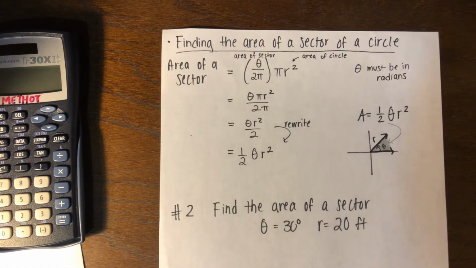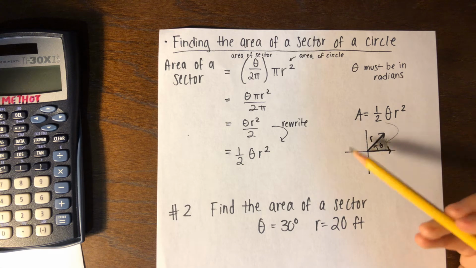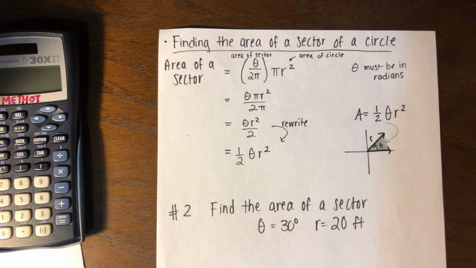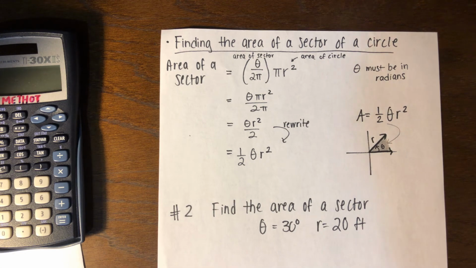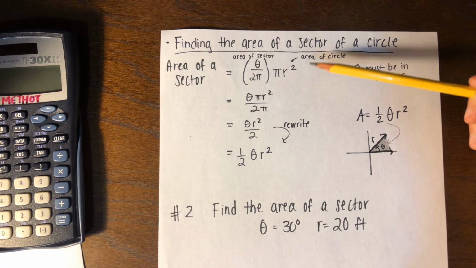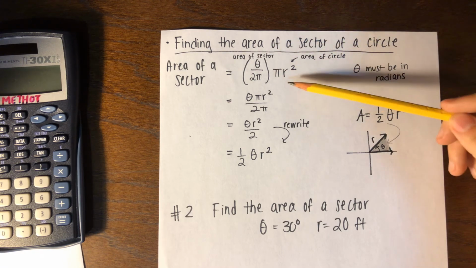This time, this part of the video, we're going to be talking about finding the area of a sector of a circle. So just a piece of it. This is what the area of a sector is. We would have a full circle, right? This would just be a little piece inside the circle. So we're given that theta divided by 2 pi is the area of the circle, but when we multiply that to the area of a sector, the area of a circle is pi r squared.